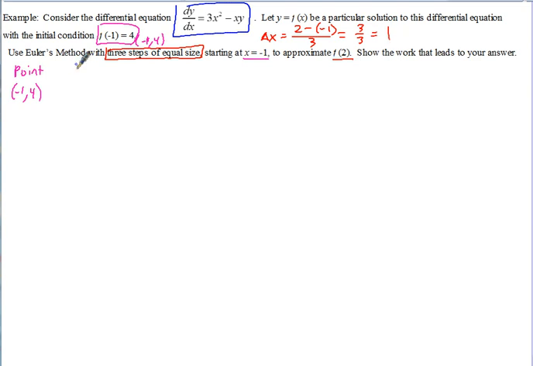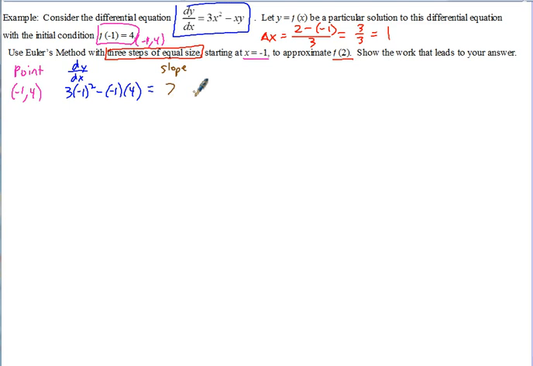So now you get the slope at this point, dy/dx. So here we have to do some calculations again. It'd be 3 times x squared, so that'd be (-1) squared, minus x, which is -1, times y, which is 4. So that's 3 plus 4, which gives you 7.